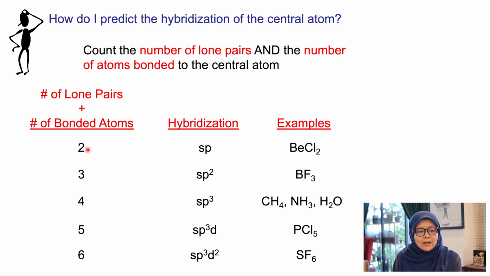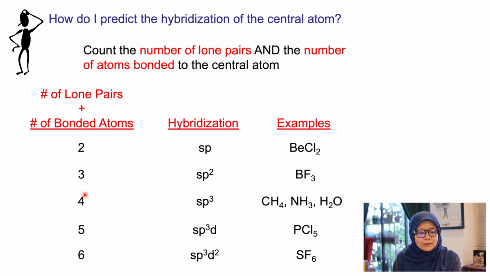If this equals 2, it will give you sp hybridization, for example beryllium chloride. If the total is equal to 3, you will have sp2, which represents trigonal planar geometry, and the example is boron trifluoride.